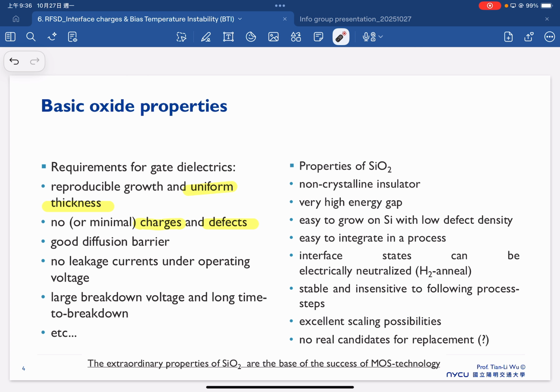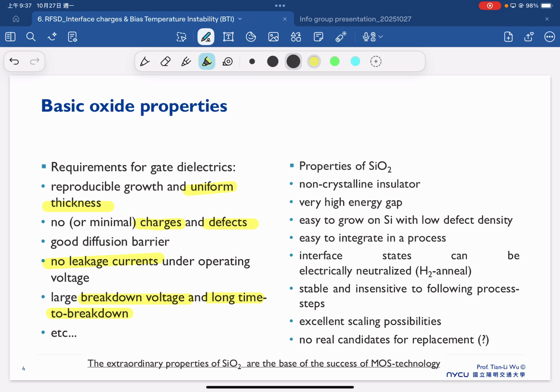Ideally, we hope our gate dielectric has no leakage current under operation. That's an ideal case. We want a large breakdown voltage and also a very long time to breakdown.